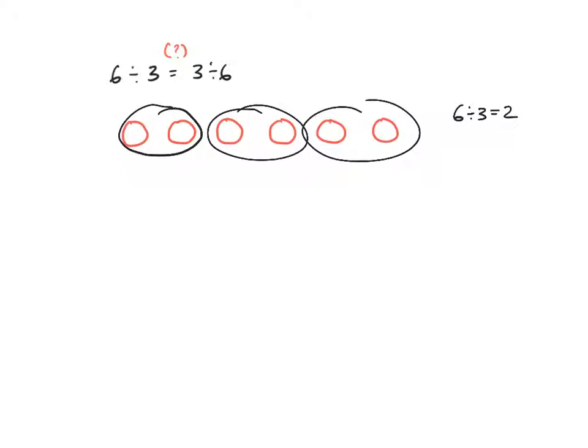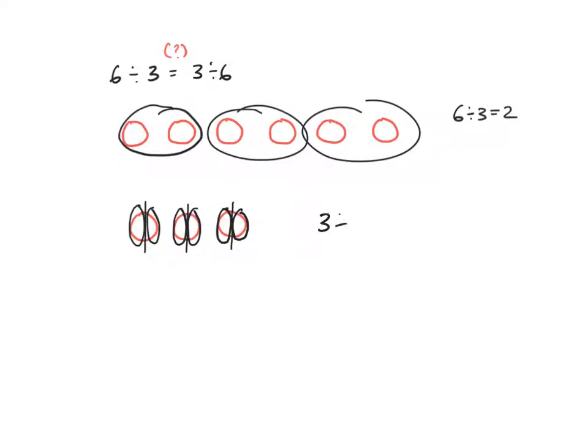If I look at 3 divided by 6, I'm going to start out with 3 circles. And I'm trying to share equally with 6 people, so I need to make 6 equal groups. And the only way that I can do that is by splitting each of these circles in half. And now my groups are right here. 1, 2, 3, 4, 5, 6.